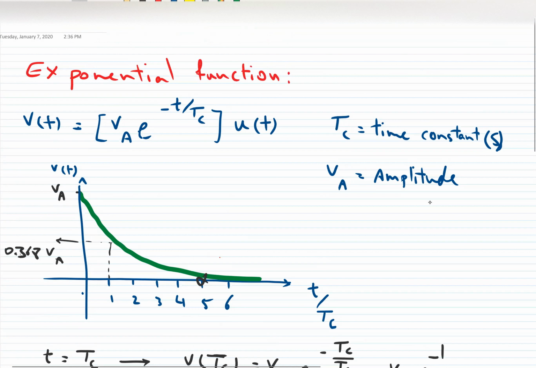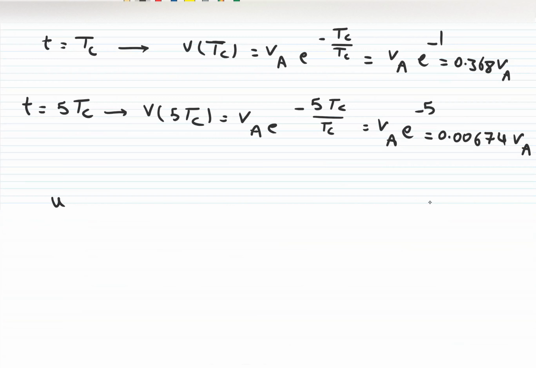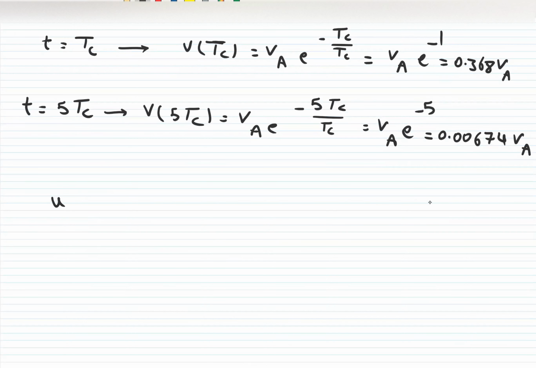Why do we multiply it by u of t? U of t, if you remember from the last semester, is equal to 1 for t greater than or equal to 0 and is equal to 0 for t less than 0.